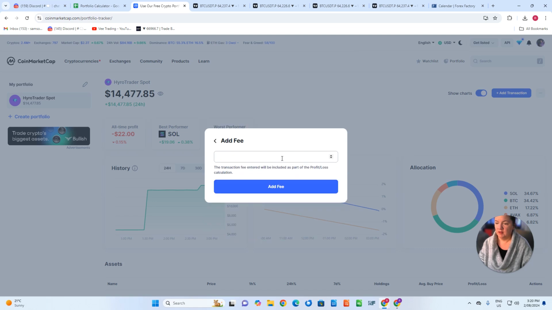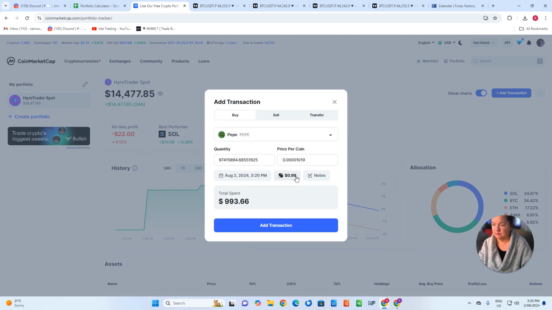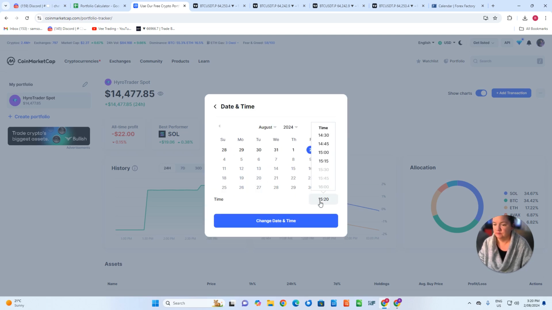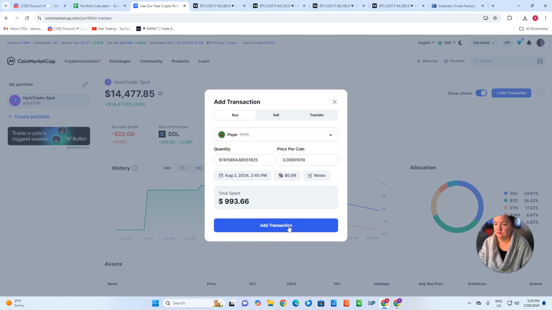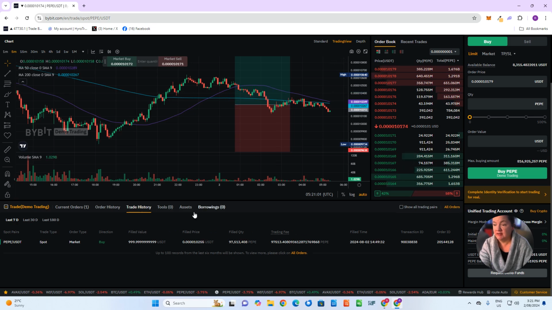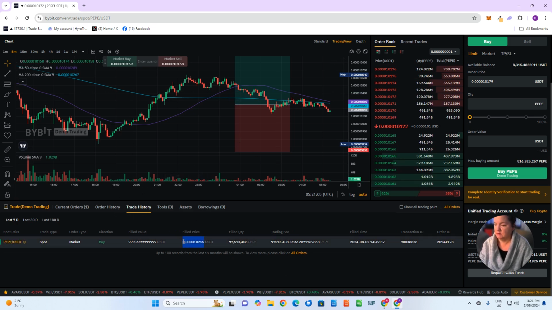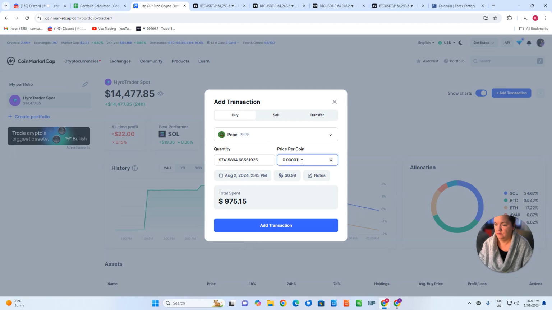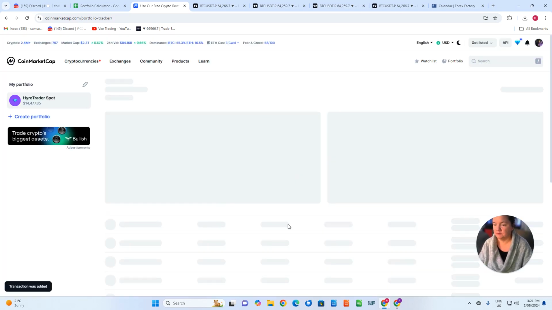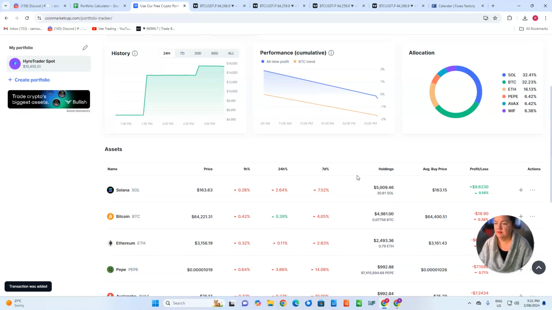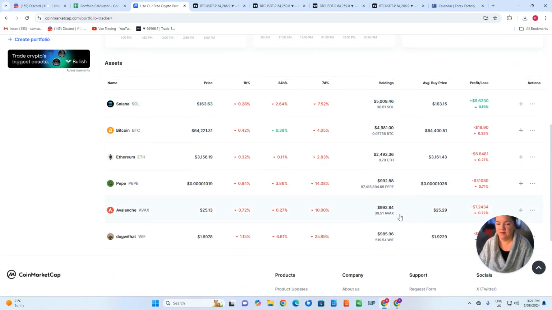We have the fee, which is like 99 cents. If we go to trade history, you'll find your fill price, which is this one. Cool. See, that adds the same thing, and now we've got our portfolio.